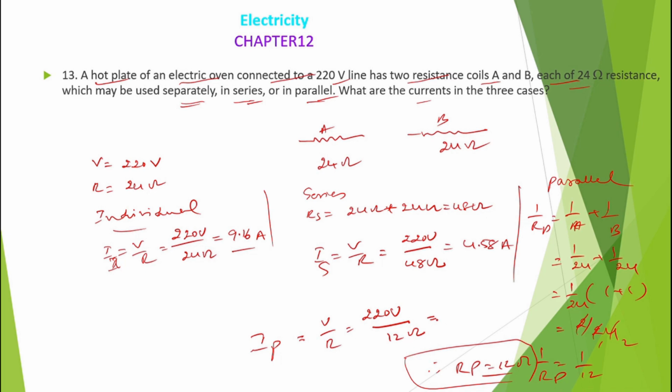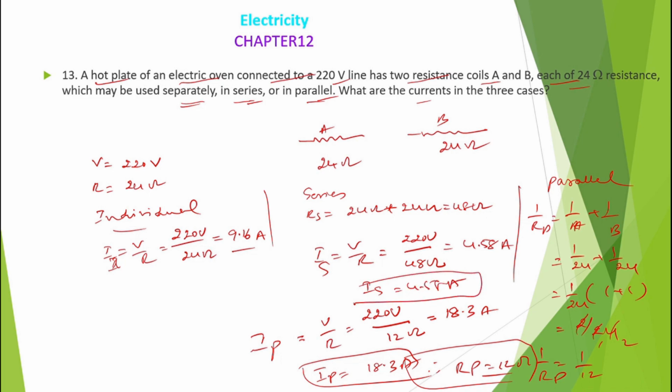If we simplify this, you will get 18.3 amp. So IP is 18.3 amp, IS is 4.58 amp, and individual is 9.16 amp. So this is the answer.